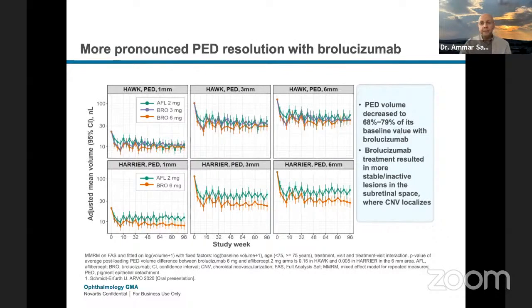If you look at the PED or sub-RPE fluid, you start really to see some dissociation between the two graphs, between aflibercept and the brolucizumab. Here, you can really see that the brolucizumab actually gave a lot more stable and effective resolution of fluid with the sub-RPE component.